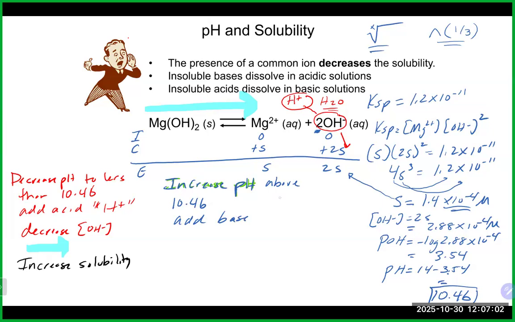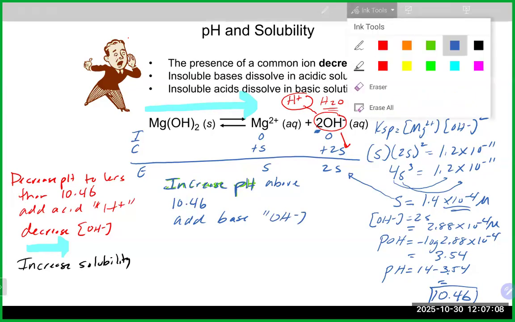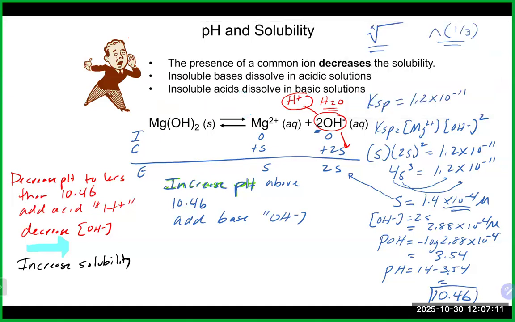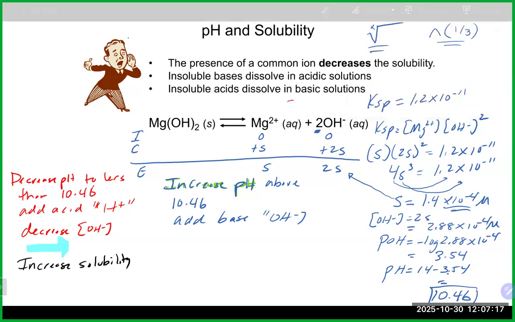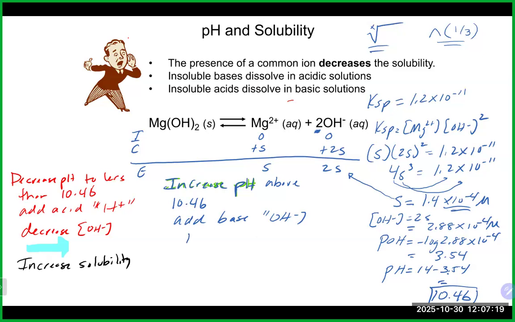Essentially, when you add base, you are adding OH minus. So in the case of the base situation here, if you decide to bring the pH above 10.46, you're going to increase the concentration of hydroxide.